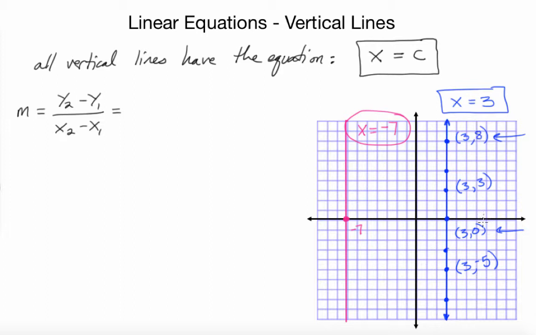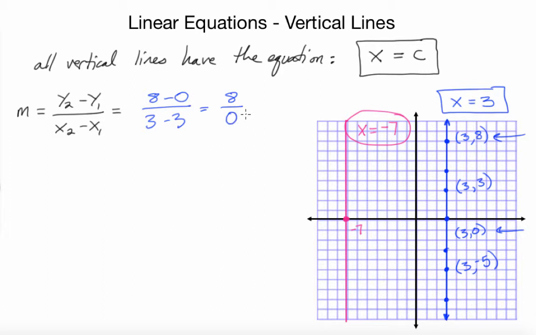Let's find the slope between those points. The change in y is going to be 8 minus 0, and the change in x is going to be 3 minus 3. Well, let's look at what we got here. 8 minus 0 is 8, and 3 minus 3 is 0.